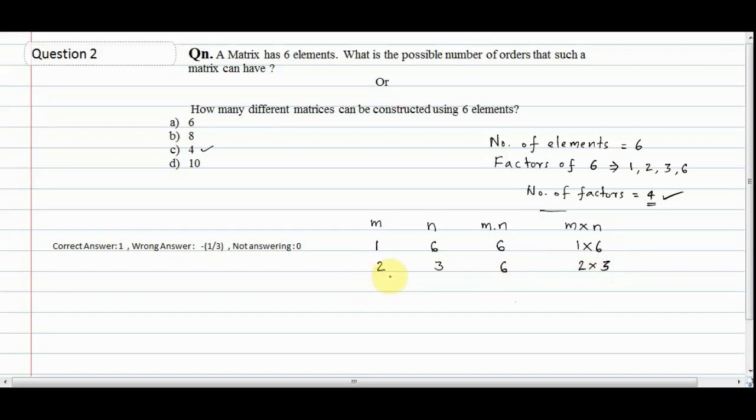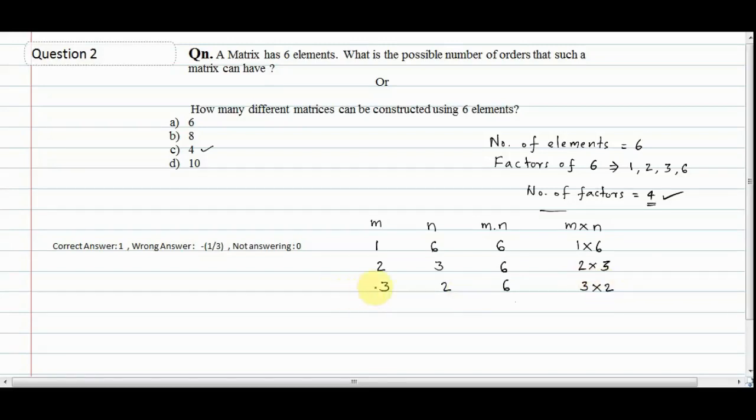Now if m is 3, what should be the value of n to get m into n equal to 6? N must be 2, right? So if a matrix is having 3 rows and 2 columns, then number of elements in that matrix will be 6. And in this case, order will be 3 by 2.